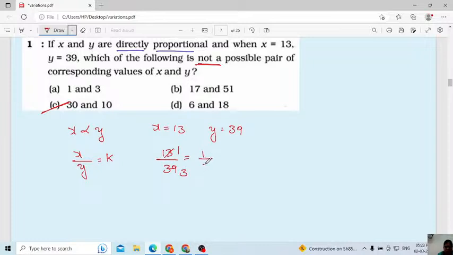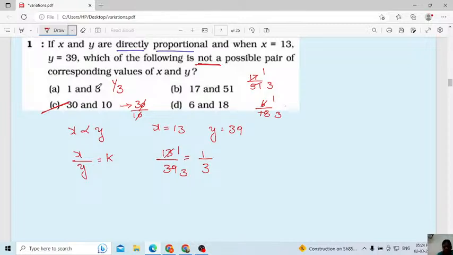Then you get the ratio 1 by 3. The first one, yes, it follows 1 by 3. Then B, 17 by 51, yes, 17 ones are 17, 17 threes are 51. This also follows 1 by 3. Then 6 by 18, this also, 6 ones are 6, 6 threes are 18. Only this one, 30 divided by 10, here you will get 3. This one will not follow the direct proportionality rule.